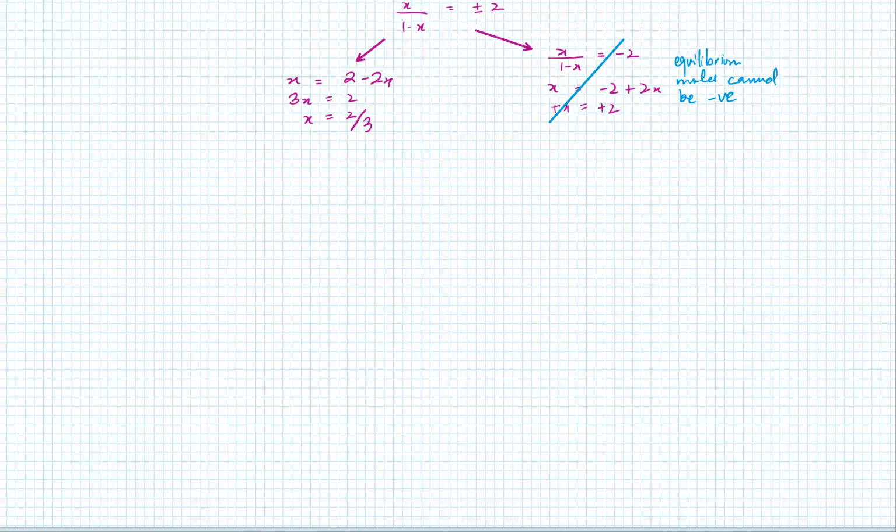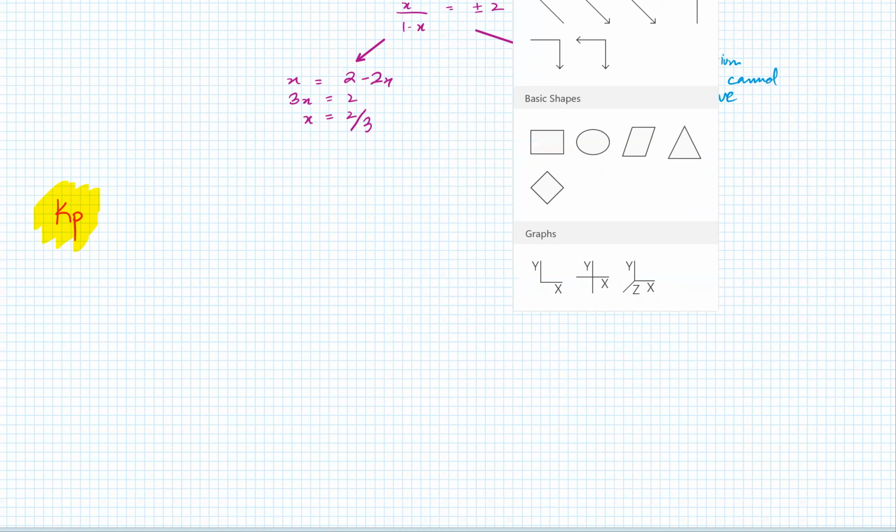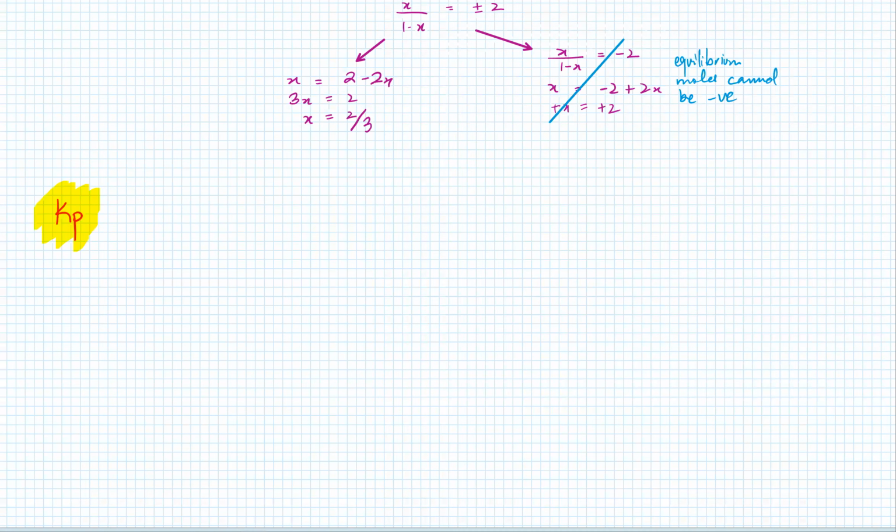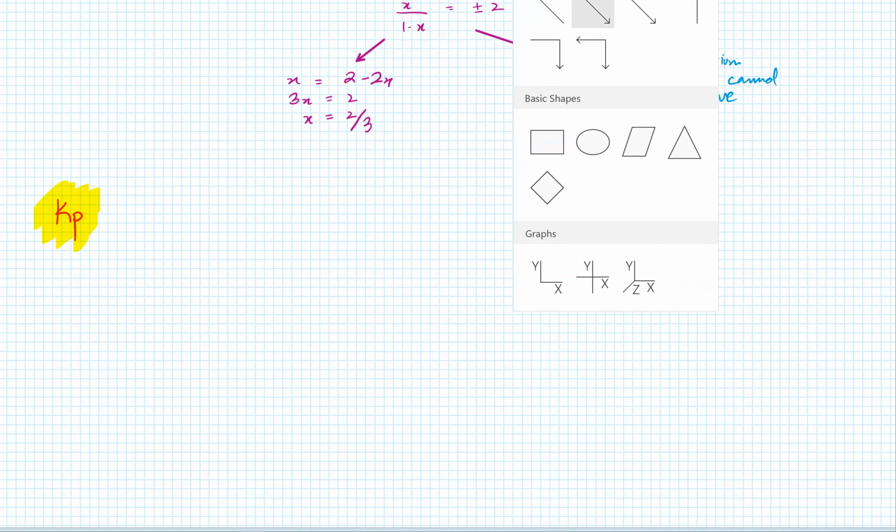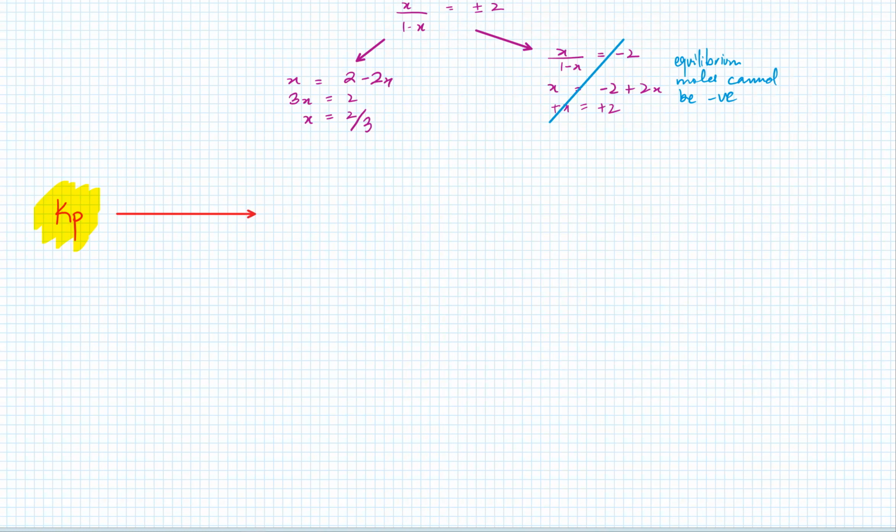Now, what's Kp? Kp is basically the same thing, except that it uses pressure. It's for gases. The only difference is that pressure and concentration are directly proportional for gases.